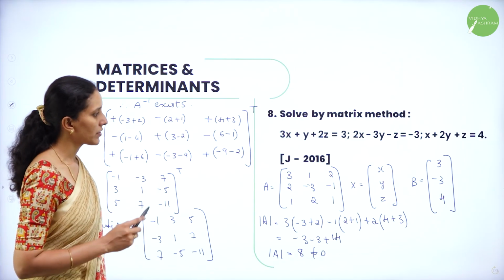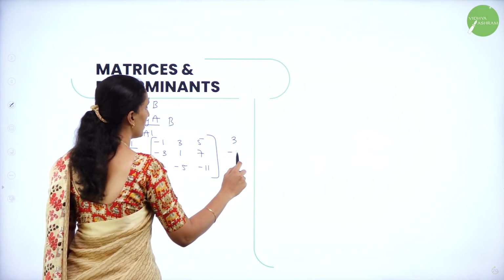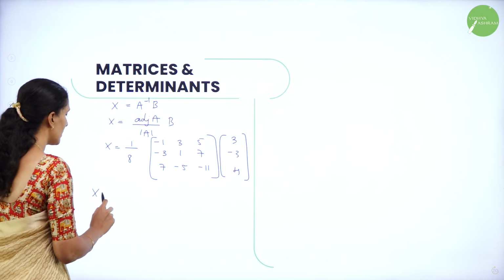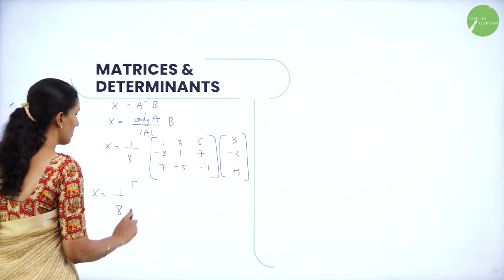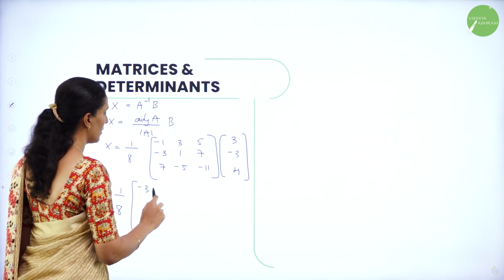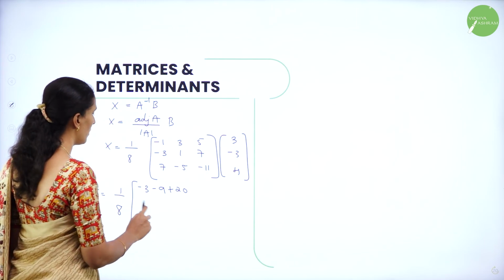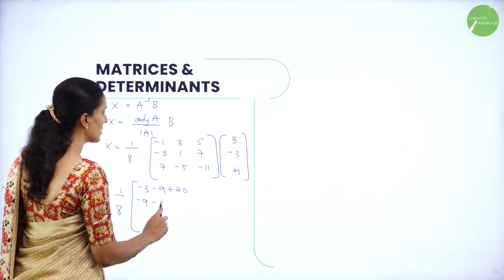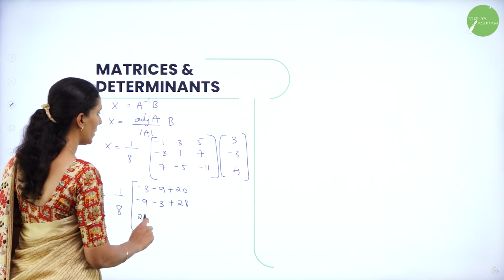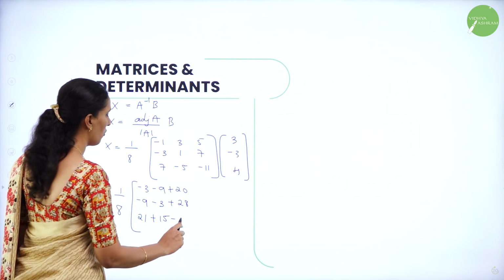And matrix B is 3, minus 3, 4. So now X is equal to 1 by 8. Let us multiply. So minus 1 into 3, minus 3, minus 9, 20. Next we have minus 9, minus 3, 28. Next we have 21 plus 15 minus 44.